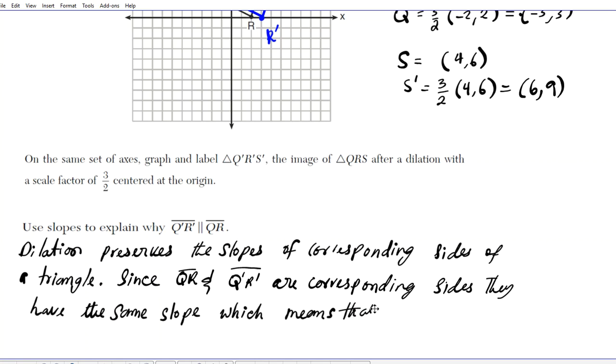Okay, which means that side QR is parallel to side Q prime R prime. Okay?